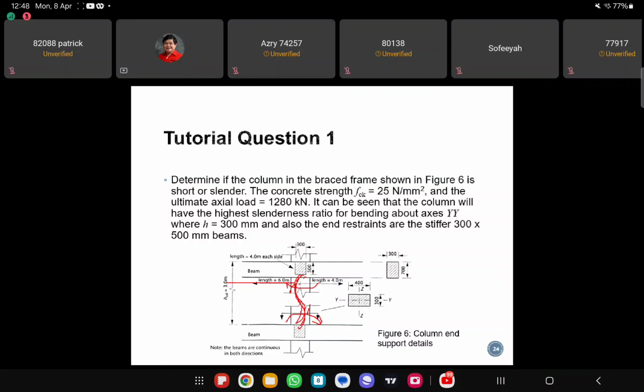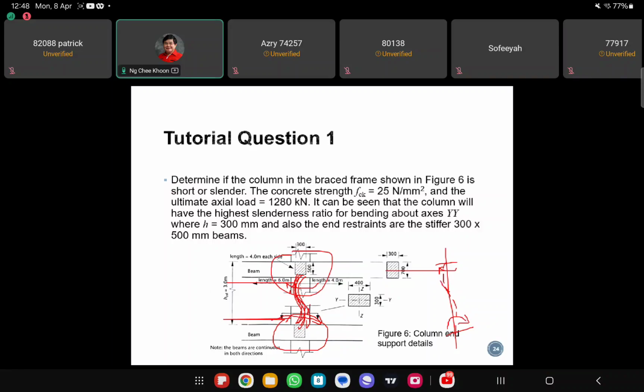Okay, double curvature is very common in column design. Because if the arrangement of the beam on top and the arrangement of the beam at the bottom is almost similar, then normally you have the top moment going this way and then the bottom moment going that way. So in this case, your column will bend this way, right?